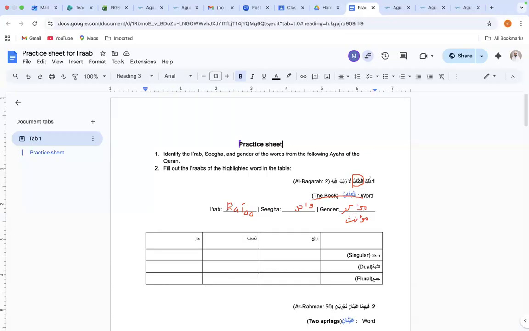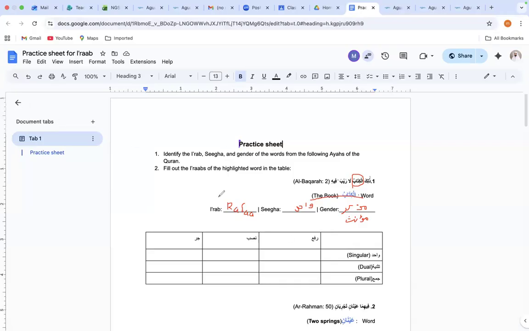Now, after solving this, we'll go to the second part of this same word. First, we took out the word al-kitab. Now, I want you to tell me the word al-kitab in wahid and in the state of rafa, how will it look? Can you write it down, inshallah?